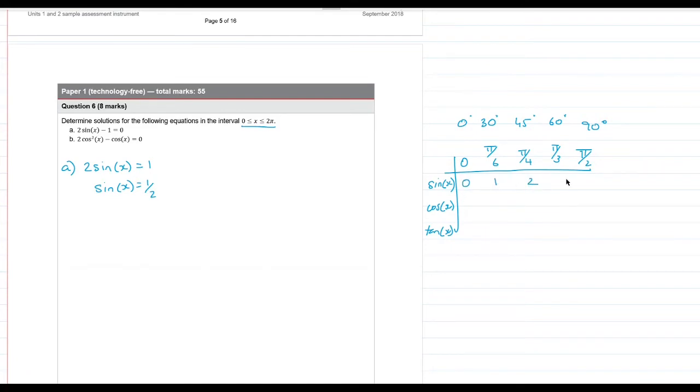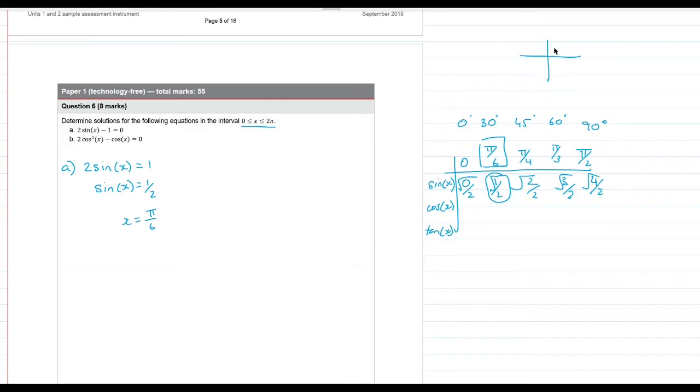So we go 2, 3, 4. Square root everything and divide by 2. So this is a half, and it's sine of pi on 6 that equals a half. So x equals pi on 6.